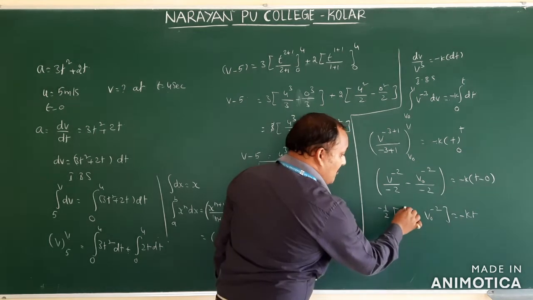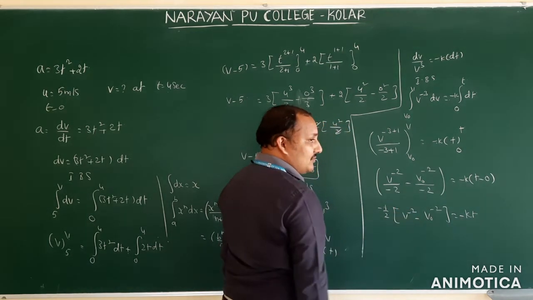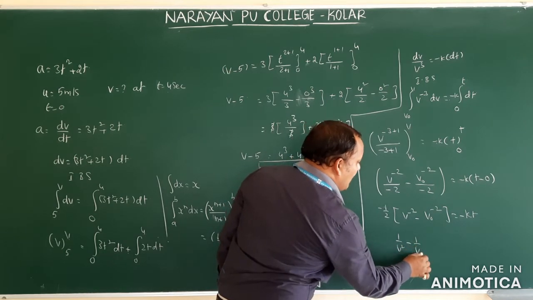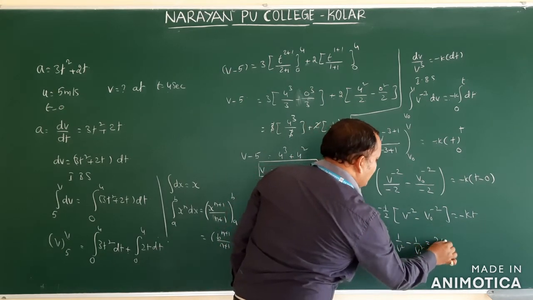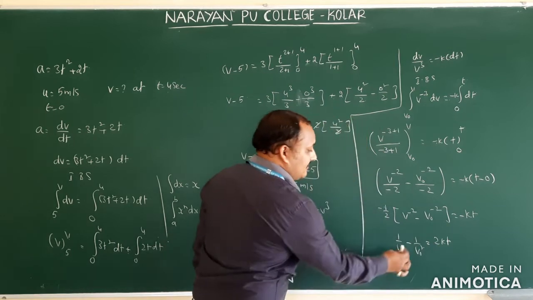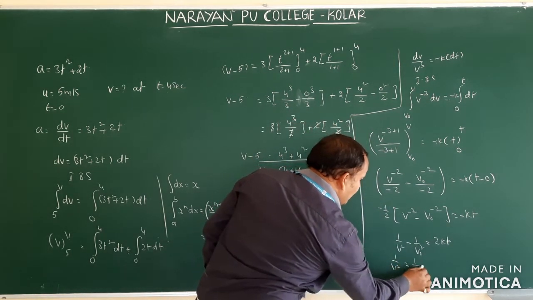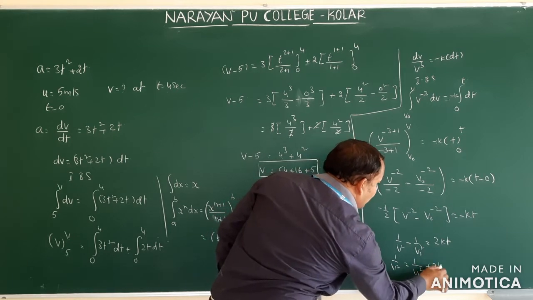Therefore, 1 by V square. V power minus 2 can be written as 1 by V square. 1 by V square minus 1 by V naught square is equal to 2kt. This V naught square you can send that side. So 1 by V square equal to 1 by V naught square plus 2kt.